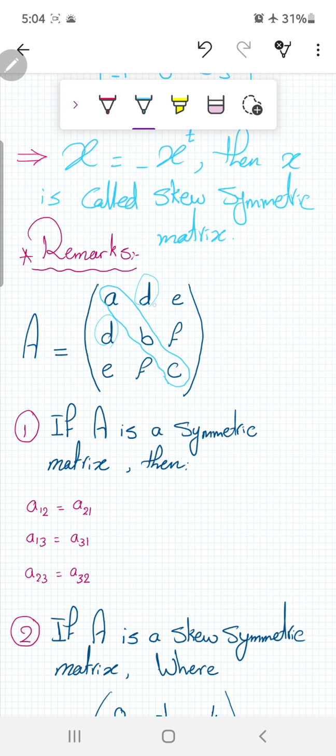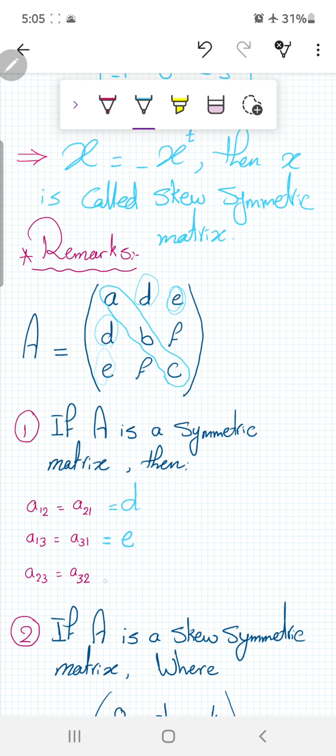This element is in the first row and second column, and it equals this element in the second row and first column. So A1 2 equals A2 1, which is D. Also this element in the first row and third column equals E, in the third row and first column.